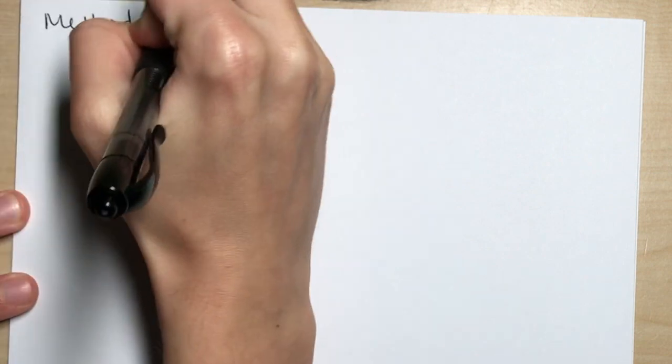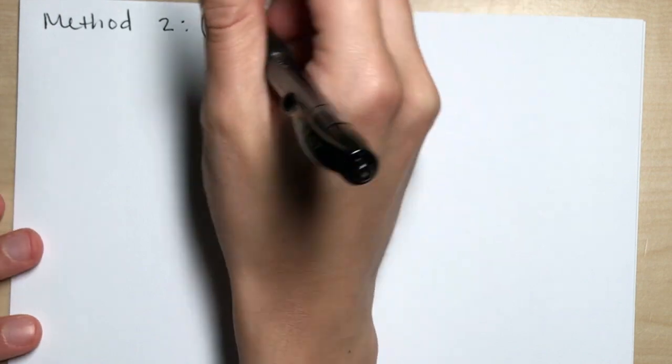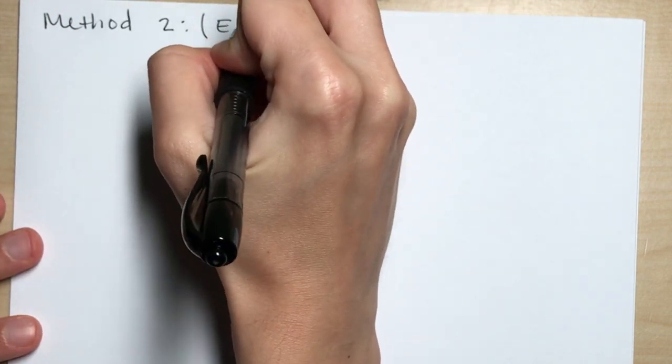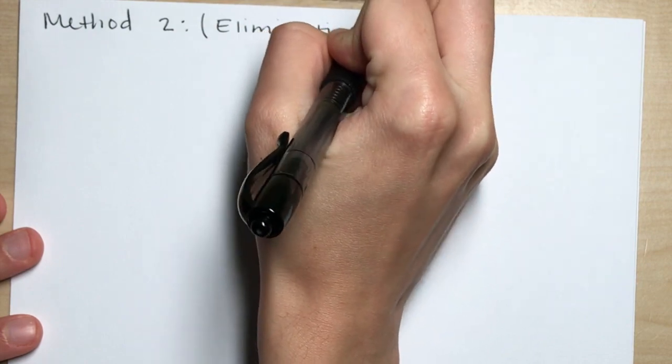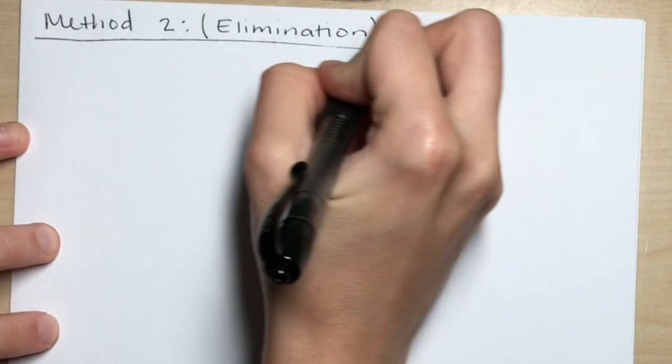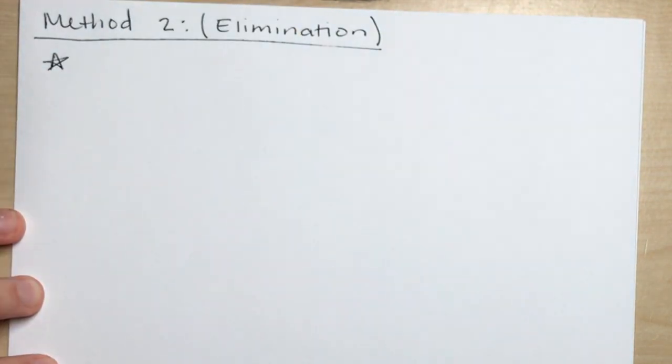Method 2, you'll remember from solving linear systems, is elimination. So just a little bit here.